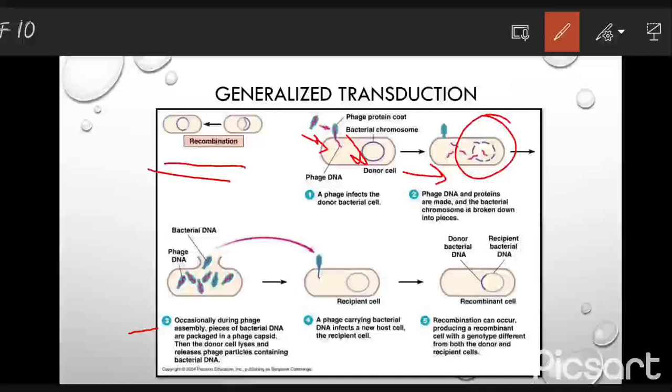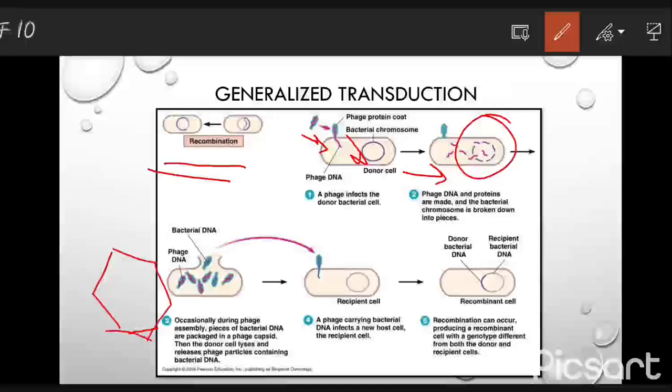Occasionally, mistakenly, a piece of bacterial DNA is packaged in the phage capsid. So sometimes, mistakenly, the phage, rather than using its replicated DNA, encodes bacterial DNA inside its capsid.